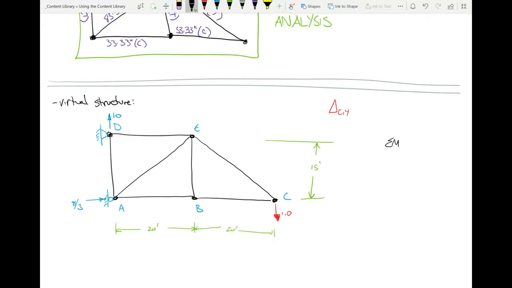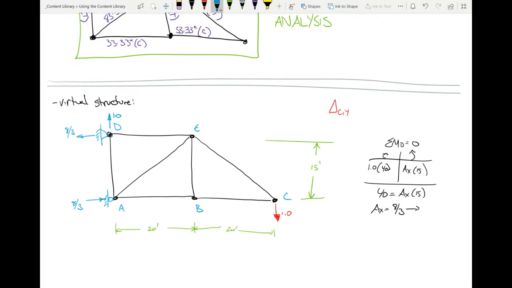So sum moments at D. I'm going to have 1 times 40, and AX times 15 counteracting that. So 40 is AX times 15, and so AX is 8/3 acting that way. And so this is going to be 8/3 just acting in the other direction. Okay.